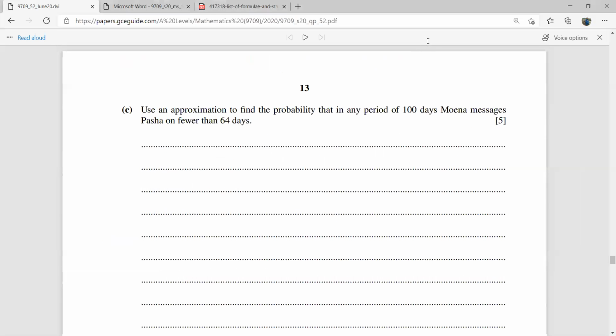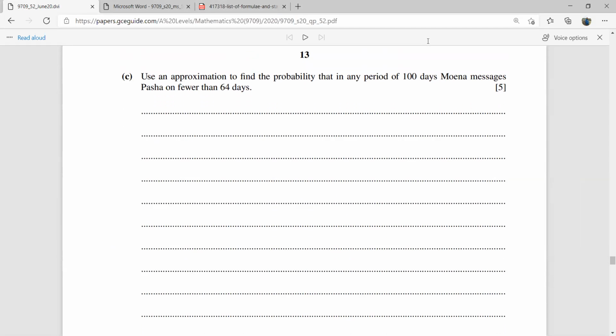Use an approximation to find the probability that in a period of 100 days, Moina messages Pasha on fewer than 64 days. First of all, this is a binomial distribution with 100 trials, and the probability of success is 0.72.